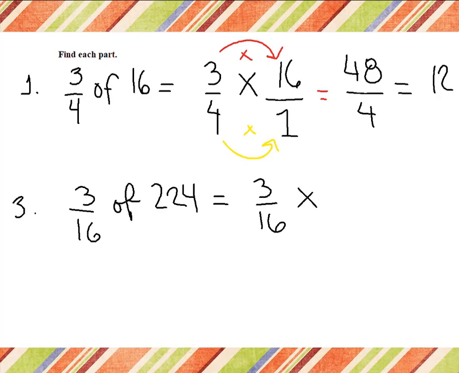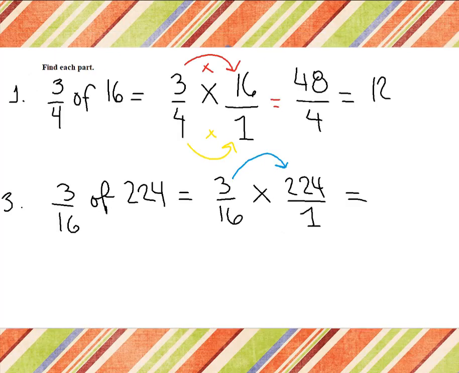Instead of "of," you put a multiplication symbol and write 224 and put a 1 below. Now you need to multiply. Remember how to multiply? You have to multiply 3 times 224, which is 672. And the other is 16 times 1, which is 16.